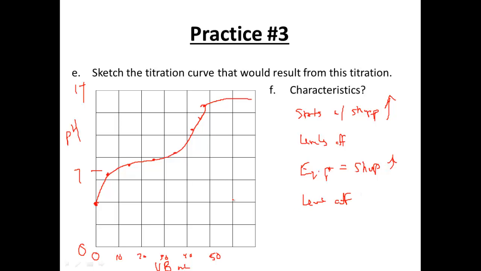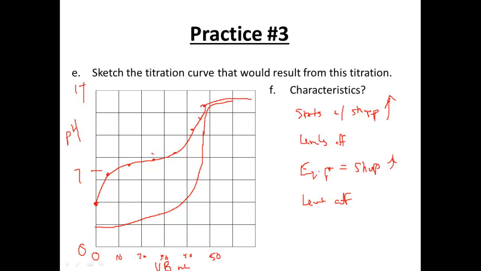Okay. A strong-strong titration would look more like this. It would have started lower and just gradually increased, had a sharp increase, and then it actually ends up ending pretty much the same as this other titration we're doing right now here. So kind of notice the difference there. This one just gradually increases and then increases sharply at the equivalence point instead.